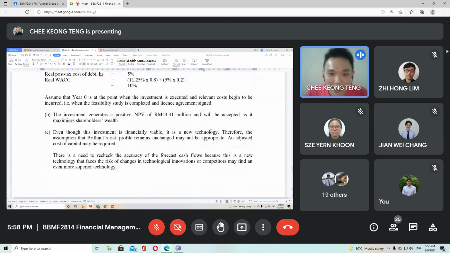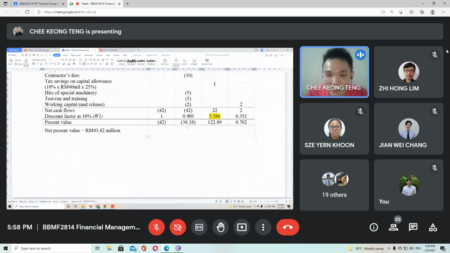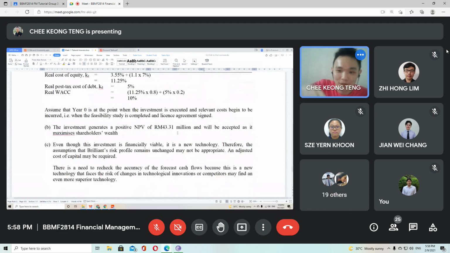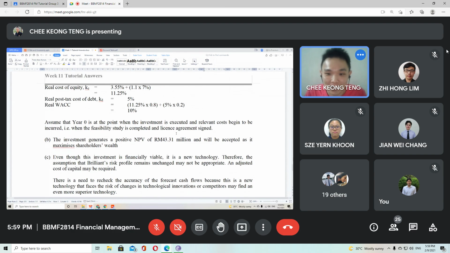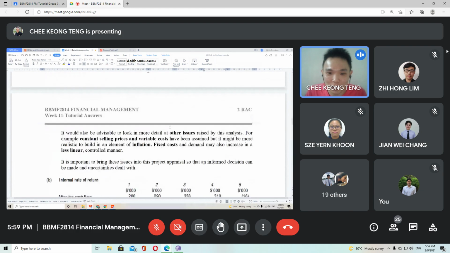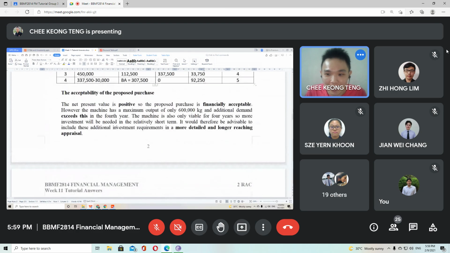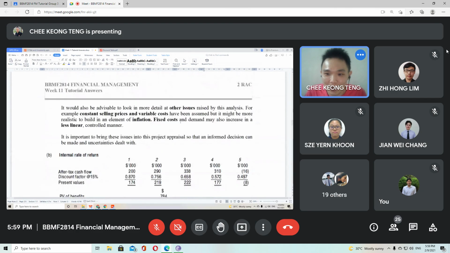Because from your midterm, I know some of the students just simply copy pasted from the tutorial into the midterm. But the case is actually different. Not everything can be applied 100% the same. Just like this one also. You see, just now question 2 was asking you, and there it was saying that the constant selling price and variable cost do not include inflation, so something is wrong.